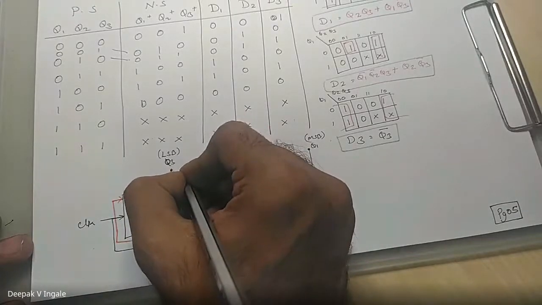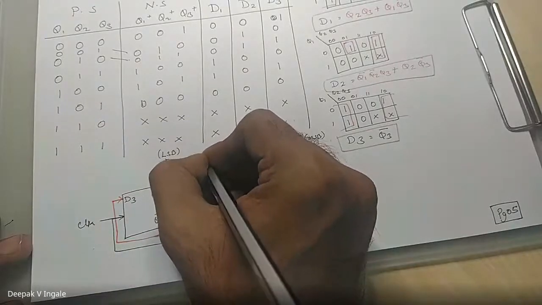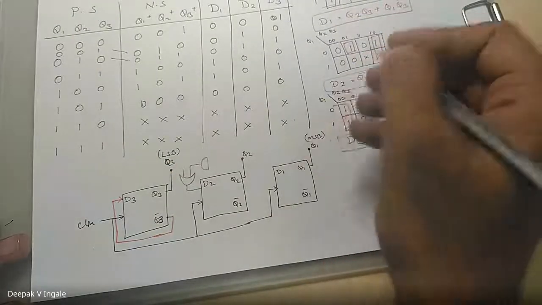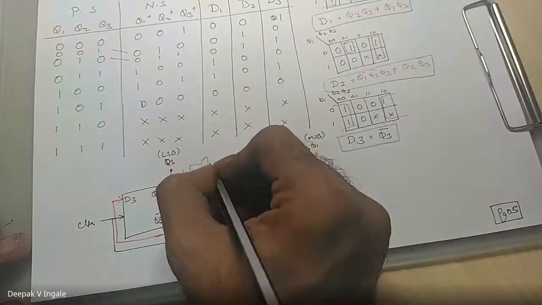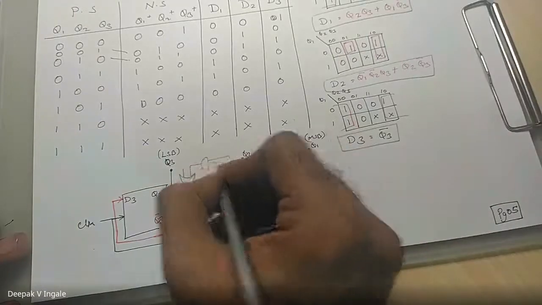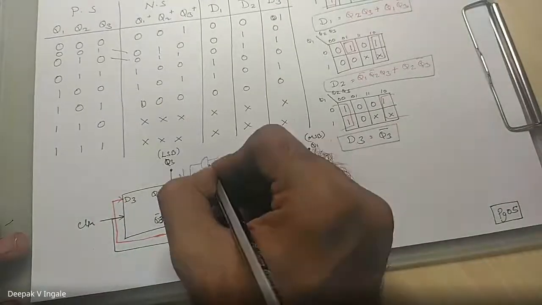This OR gate will have 2 inputs. One, we can write from one AND gate, which will take Q2 and Q3 bar.